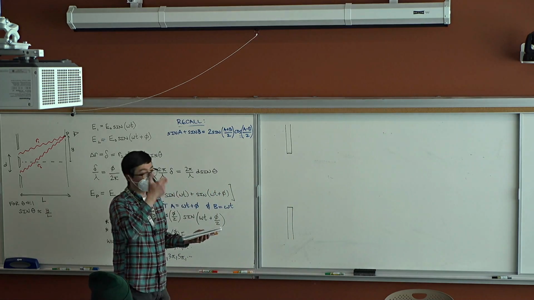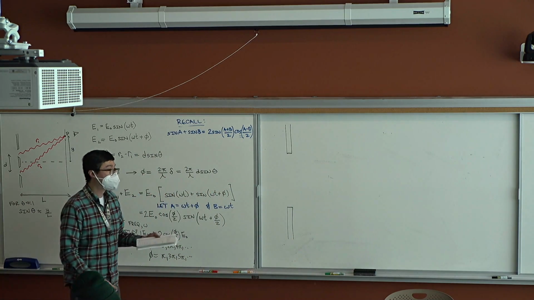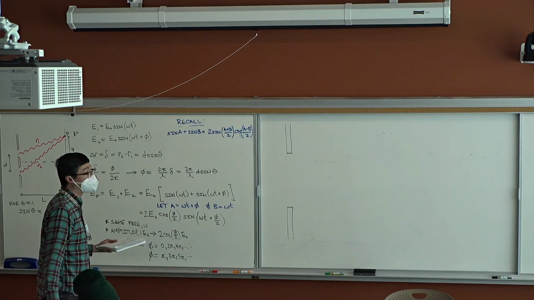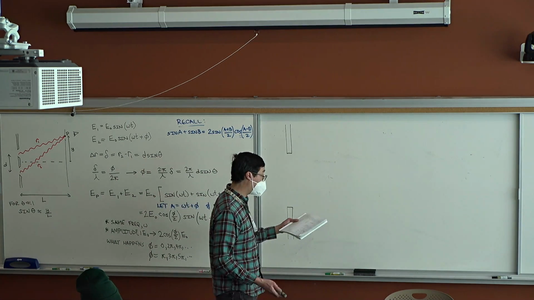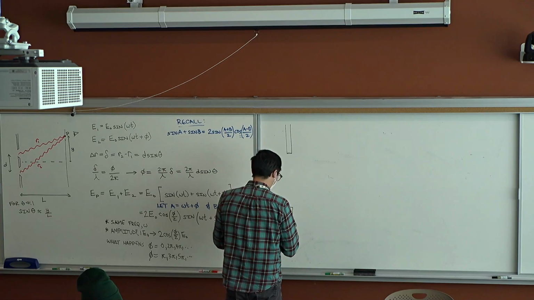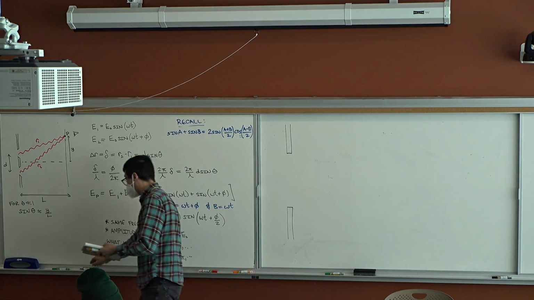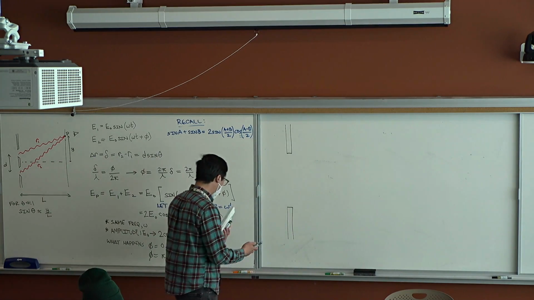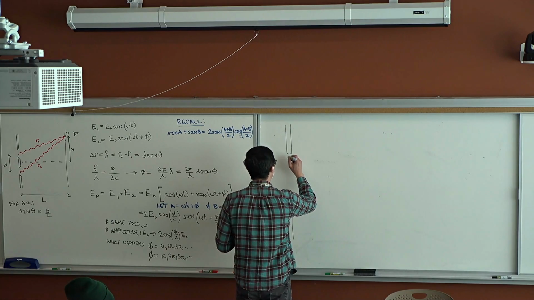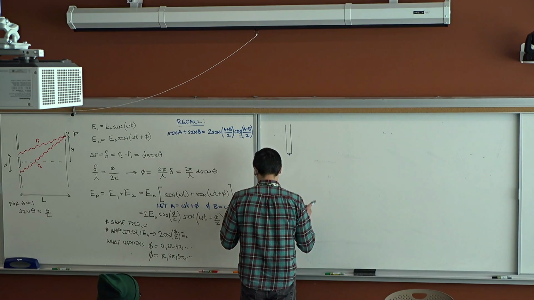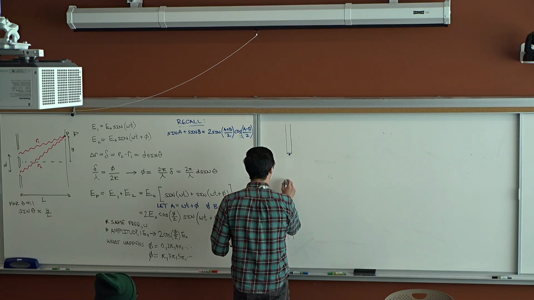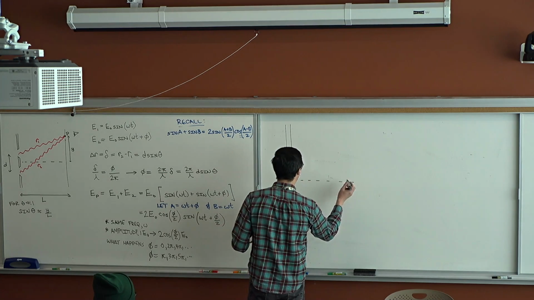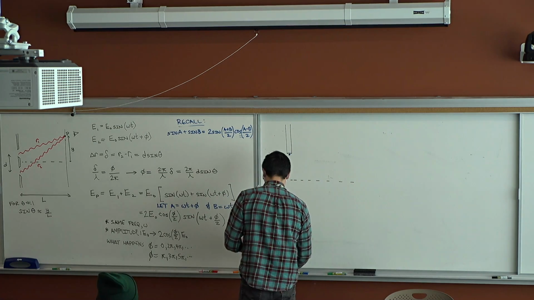So let's imagine that we had a single slit. The double slit is made of two slits, right? But let's just imagine we had a single slit. That's intended to be my center line.